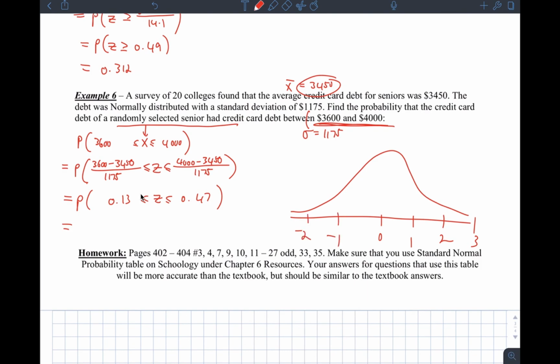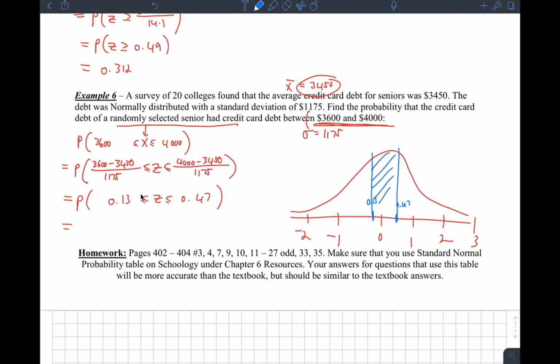I'm not going to draw this very accurately, I just want to show you basically what we're doing. And then 0.13 would be about here, well, maybe even closer. 0.13 would be really close to this, okay? And then 0.47 would be over here, maybe a little bit less than half. Well, in any case, you get the idea.